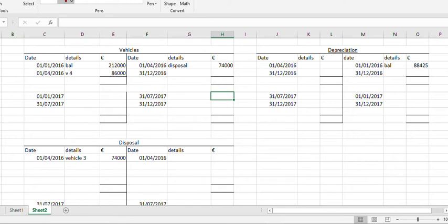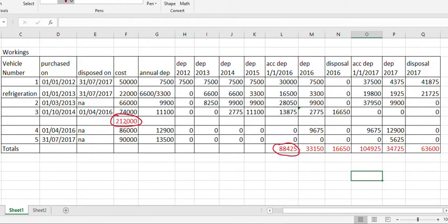Okay, what else happened on the 1st of the 4th? We'll go to the disposal account and the depreciation account. When you dispose of a vehicle, you must also dispose of its depreciation. So on the left debit side of the depreciation account, I'm going to call it disposal, and I'm going to go back to here and look for disposal in 2016. Here's the figure I'm going to use, 16,650.